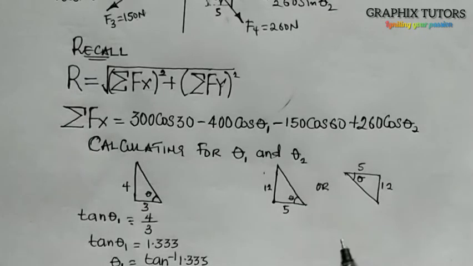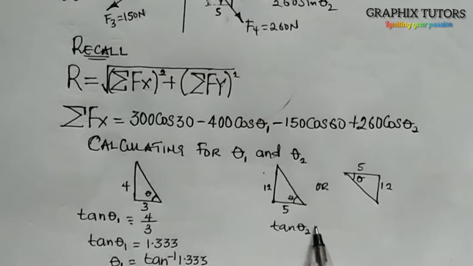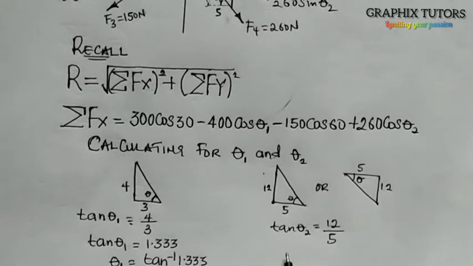Because if you look at it now, I can easily say my tan theta 2 is equal to opposite 12 over adjacent 5, and also adjacent is 5 here. So tan theta 2 is 12 over 5, which is 2.4.